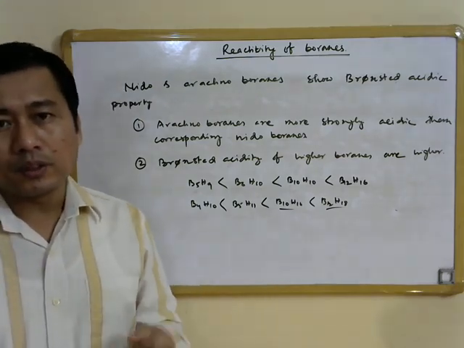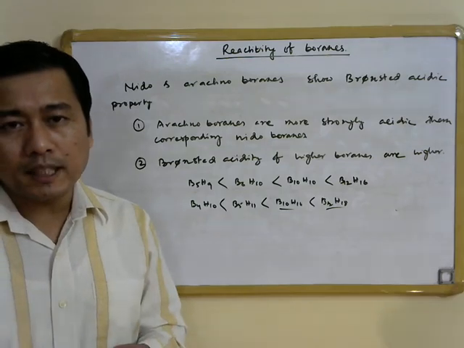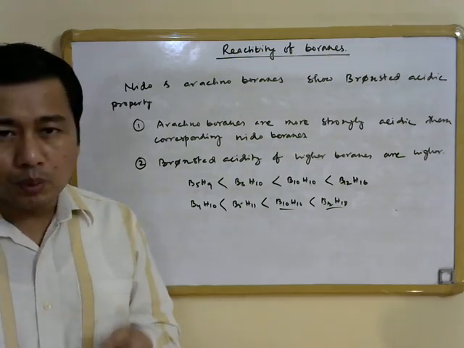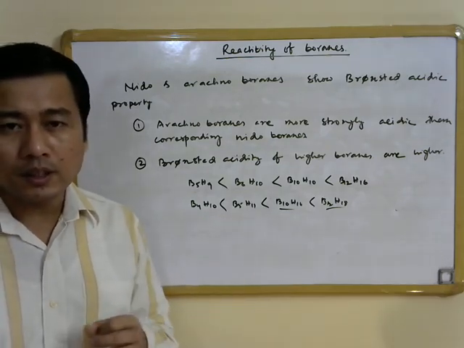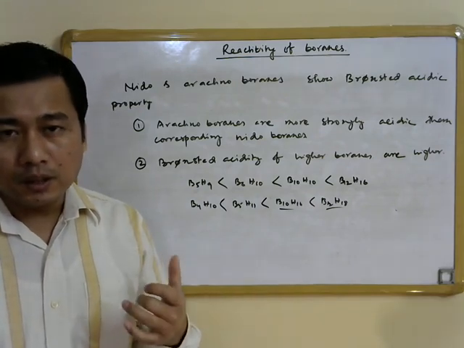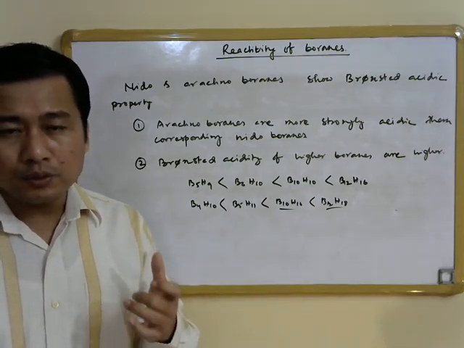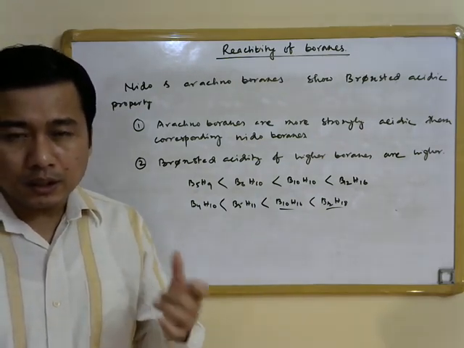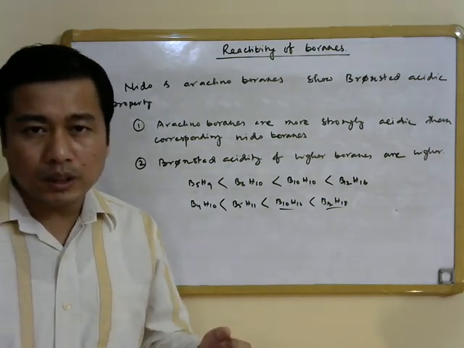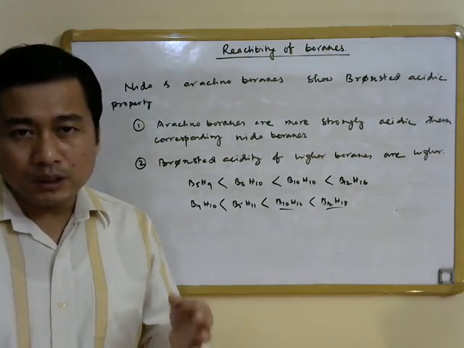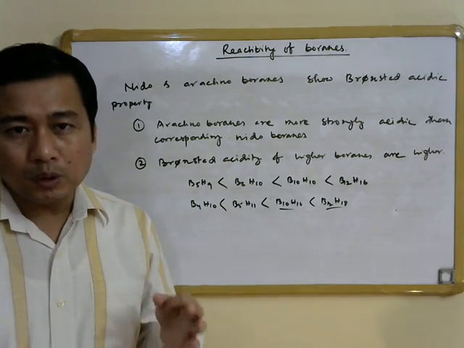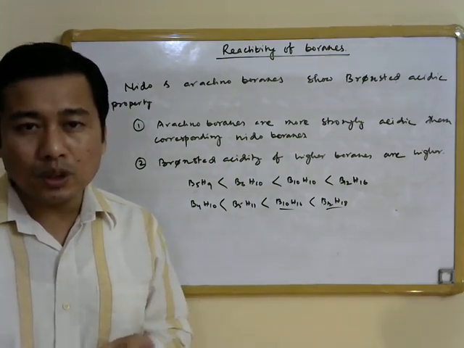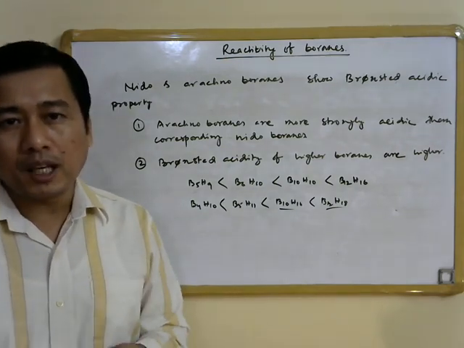Then thereafter we have looked at the Bronsted acidity of these boranes, and we have seen why the Bronsted acidity of the arachnoboranes is higher than the nidoboranes, while the closoboranes themselves are not Bronsted acidic in nature, as they do not have any bridge hydrogen atoms.